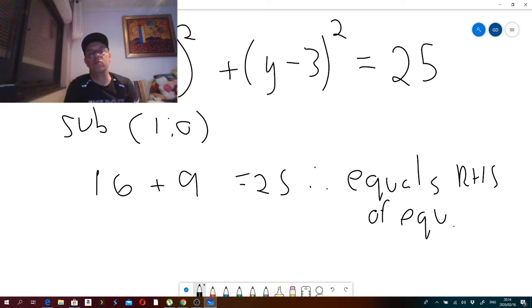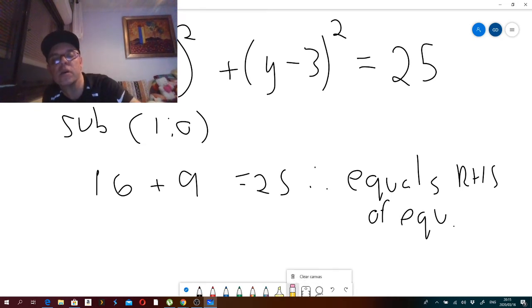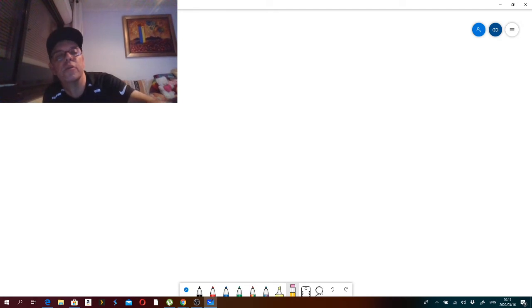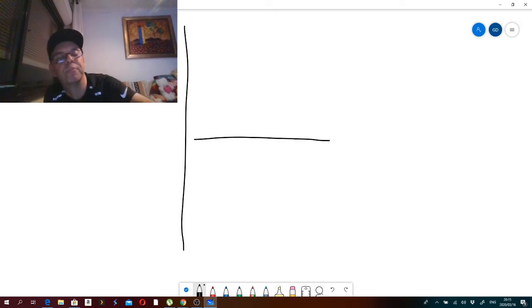So what is the gradient of a perpendicular radius to this line AB? Well, this line AB, we already know, lies on the x-axis. What we've got here is a circle. Let me just erase everything here first and draw a Cartesian plane.